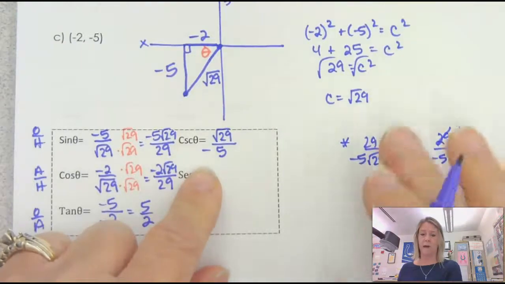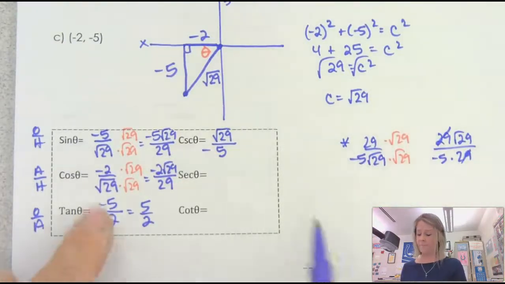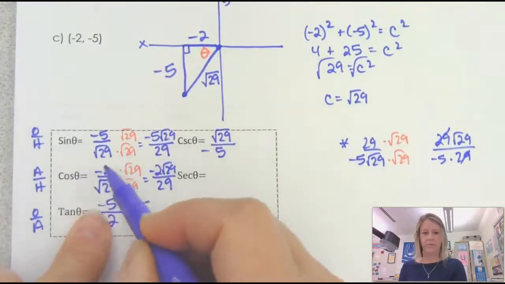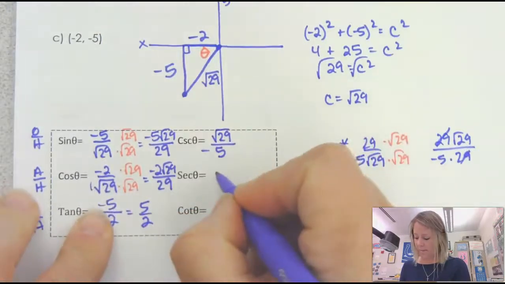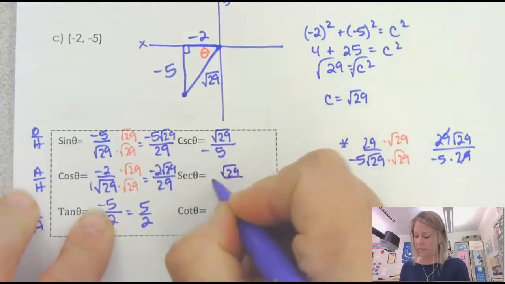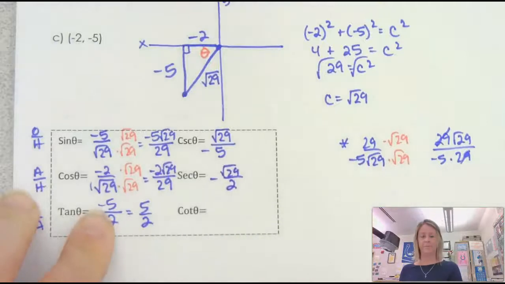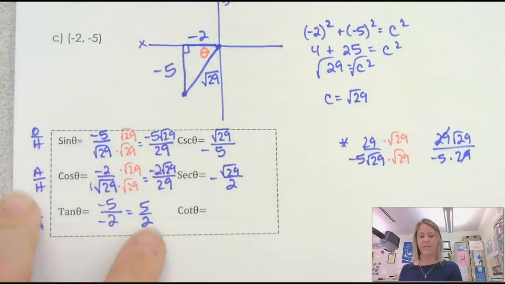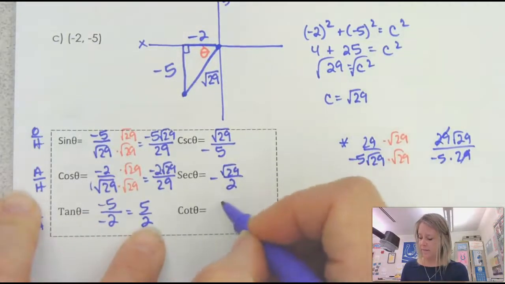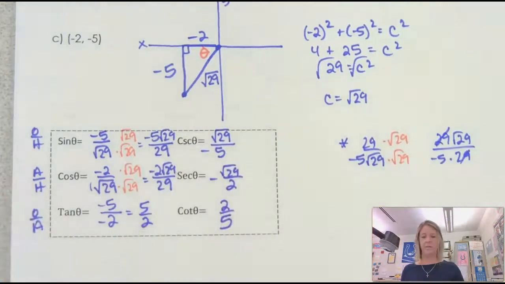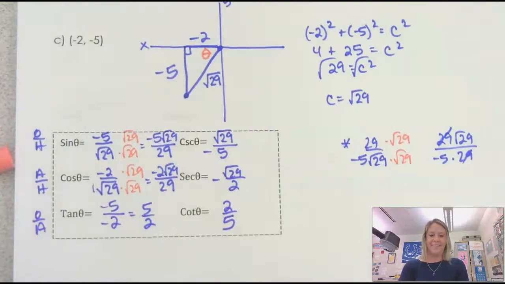Just more work. Not wrong. I just don't like to do more work. So I'm going to go back to here, and I'm just going to flip this original one. So I've got radical 29 over -2. I'm just going to put that negative out front. Finally, if I flip my tangent here to get cotangent, I've got 2 over 5. All right? A little bit more here.